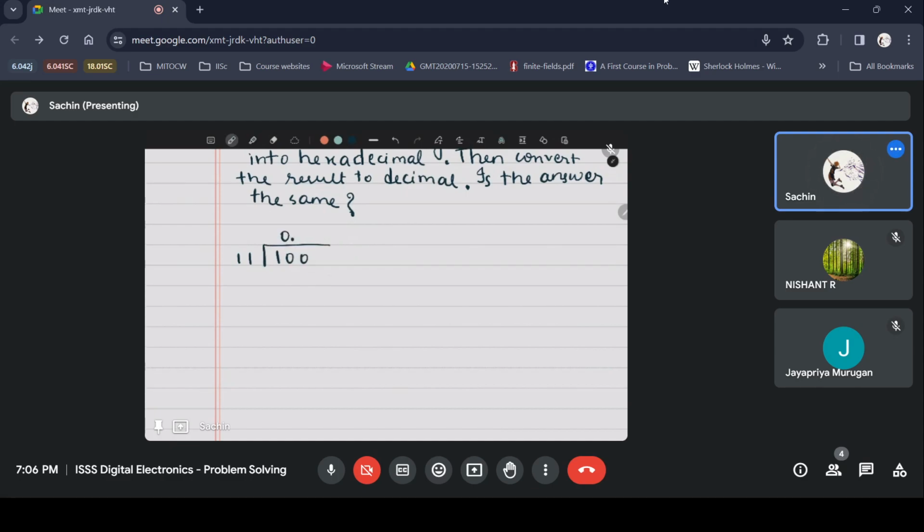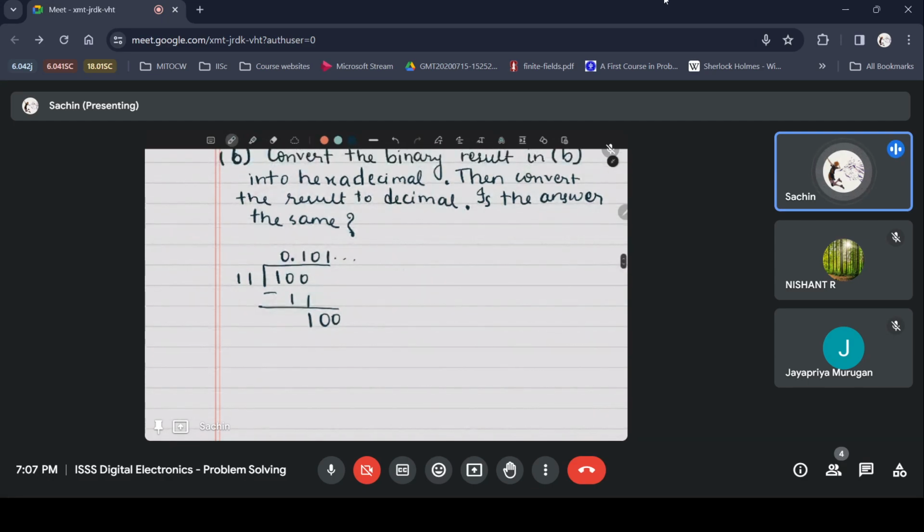Add a 0, once, it's a 1, 0. So it's repeating. 0 times, again you add a 0, 1. So it's repeating.